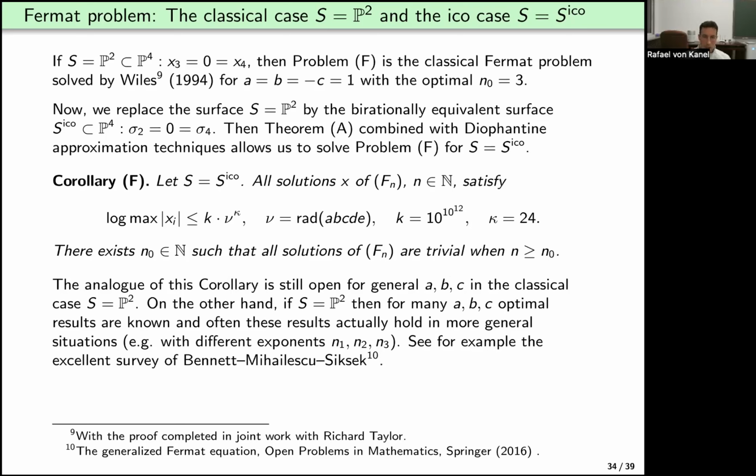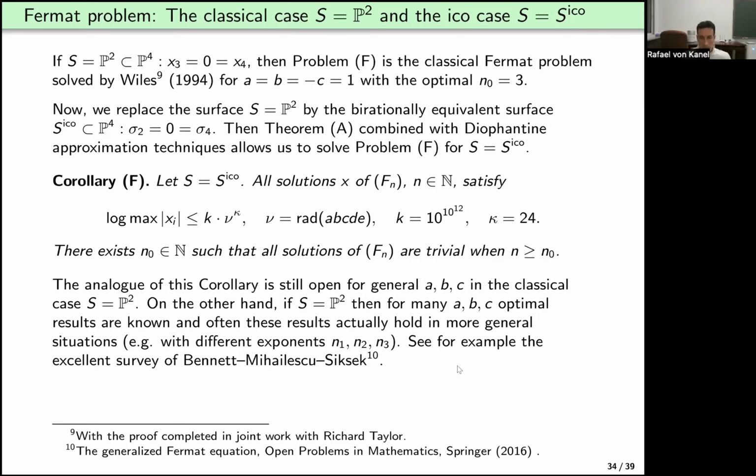And often these results actually hold in much more general situations. So for example, in the classical situations, people can take different exponents and they can actually solve the analog of this Fermat problem with an optimal exponent n0. And maybe a nice overview can be found in some paper of Bennett, Mihailescu, and Siksek in some open problems in mathematics.